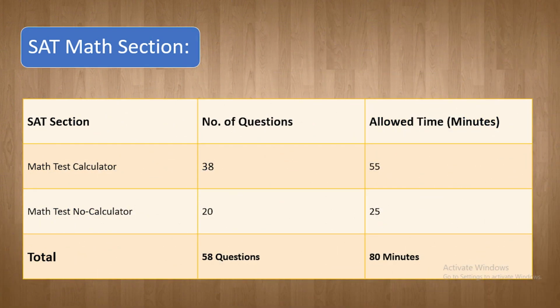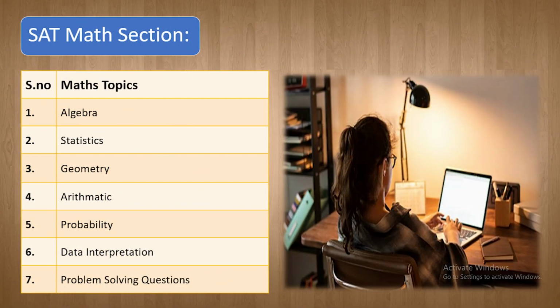The SAT math is constituted of 2 subsections: a 25-minute section with no calculator, and a 55-minute section with a calculator. In total, you have 58 questions spread across varied basics of mathematics, such as algebra, statistics, geometry, arithmetic, probability, data interpretation, and problem-solving questions.